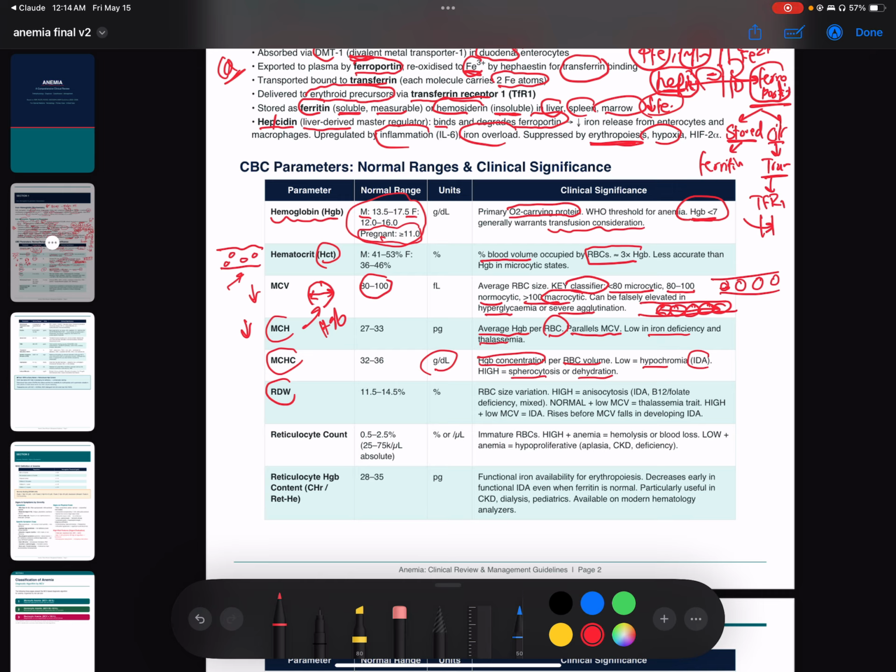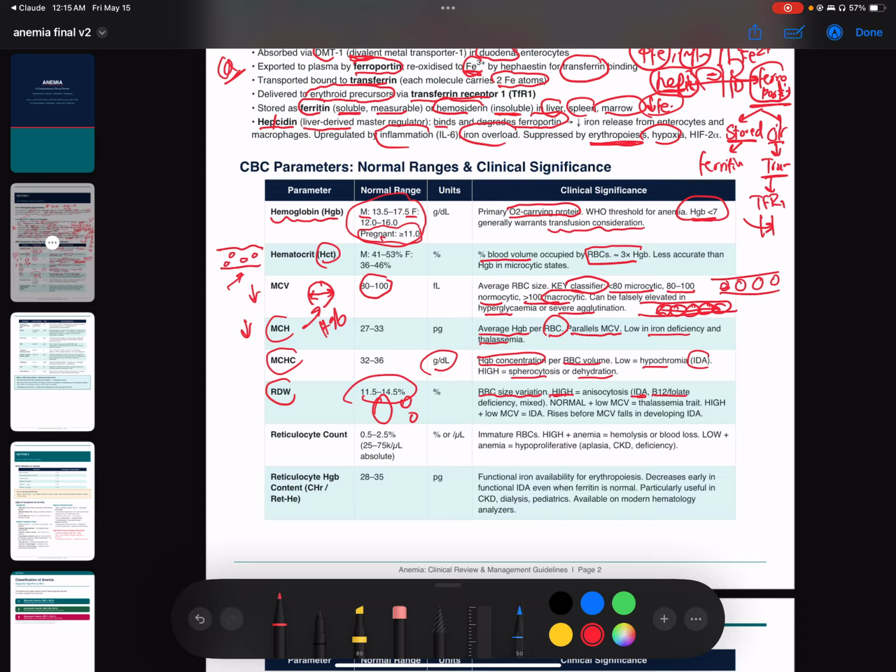RDW mainly represents the RBC size variation. Sometimes you have bigger, smaller, average. So this variation can normally exist within this range, 11.5 to 14.5. But if there's high variation, that's usually iron deficiency anemia, but it can also be B12 or folate deficiency.